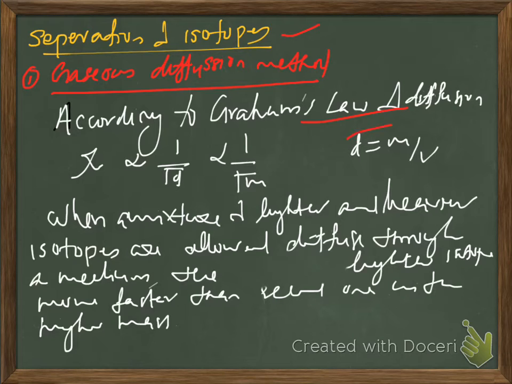Since density is directly proportional to mass, rate is inversely proportional to the square root of mass also, which signifies that when a mixture of lighter and heavier isotopes is allowed to diffuse through a membrane or medium, the lighter isotope moves faster than the one with higher mass. In a mixture of gaseous sample, lighter gas moves faster than heavier gas.